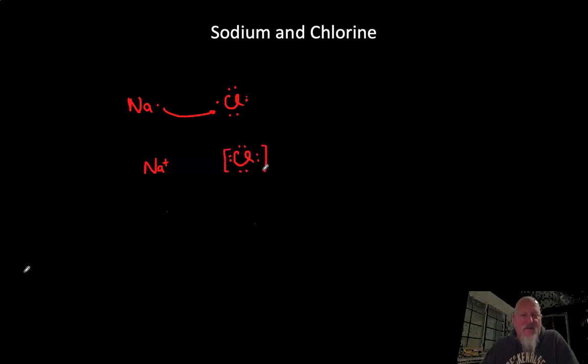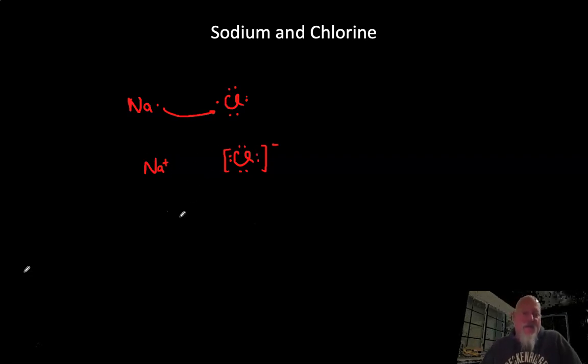We draw the Lewis symbol with all the dots around it and brackets around it to show that those dots are part of the chlorine, and the charge on the outside. When these two interact, it's a pretty high energy reaction. Quite a bit of energy is released, and you form the sodium ion and the chlorine ion.